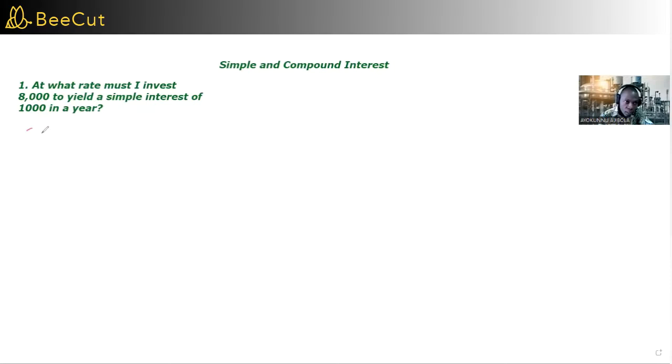Okay, SI, which is simple interest, equals to what? I thought you were about to write, okay, yes. SI, simple interest, is 1,000. So what next?